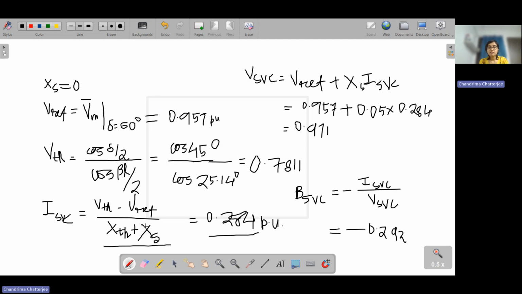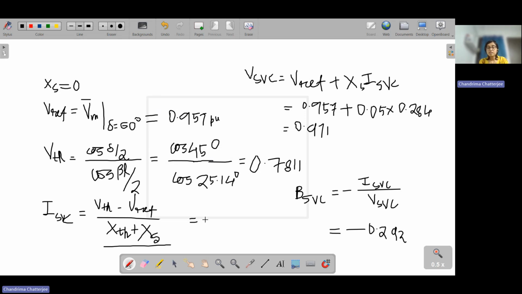XS is 0 in this case. So we will just have to do the math. Thevenin we calculated, V reference remains the same. V reference doesn't change. It is 0.957 and XTH is also same 0.235 per unit.